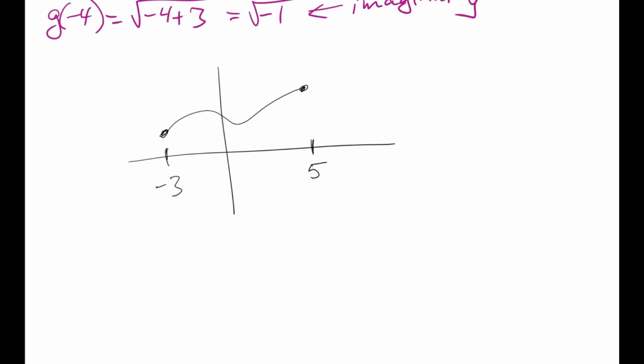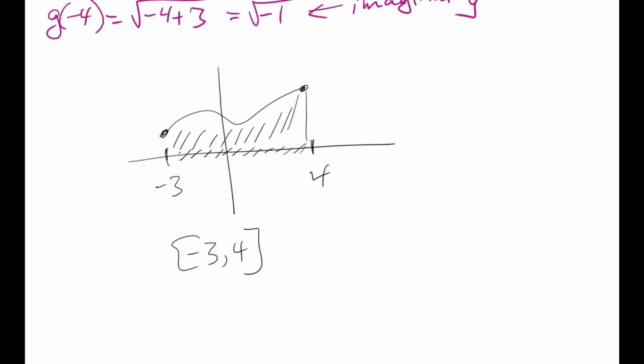It's probably 4. So the shadow of the graph over the x-axis is the domain. So this would be -3 to 4 right here. So if you were to compress this all the way to the x-axis, that would be your domain.